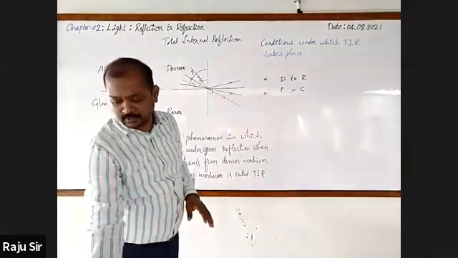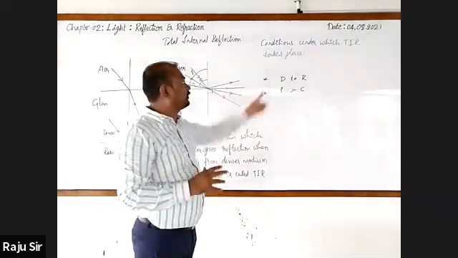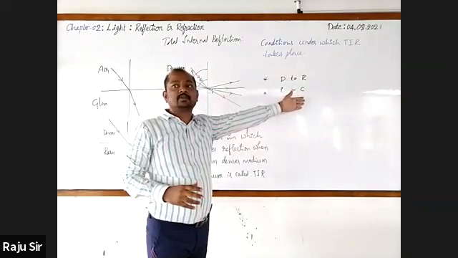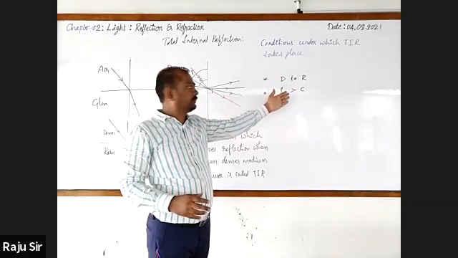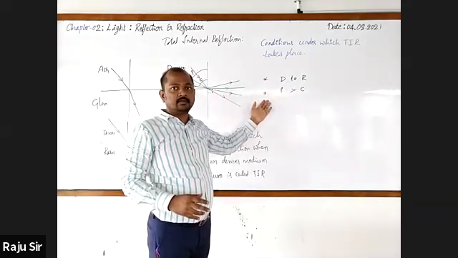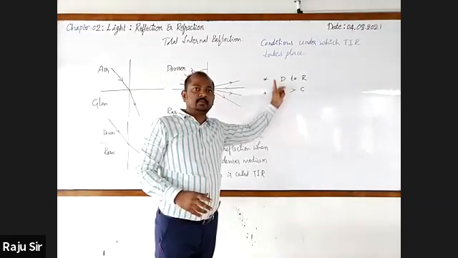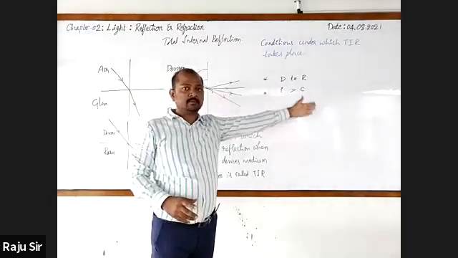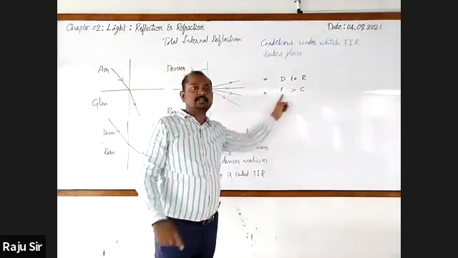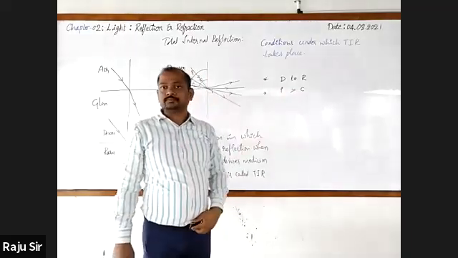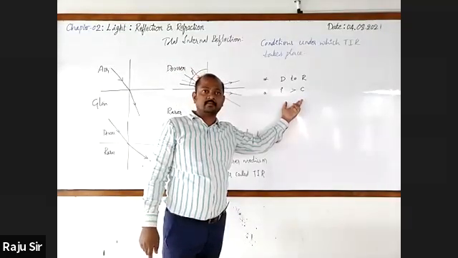First condition, when a ray of light travels from denser to rarer medium. Next, second condition, when the angle of incidence is greater than the critical angle.